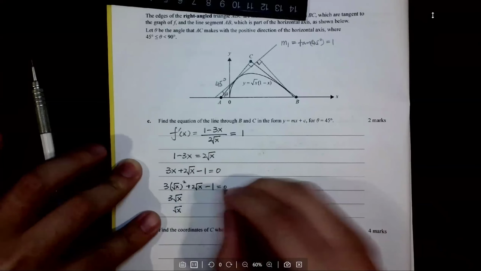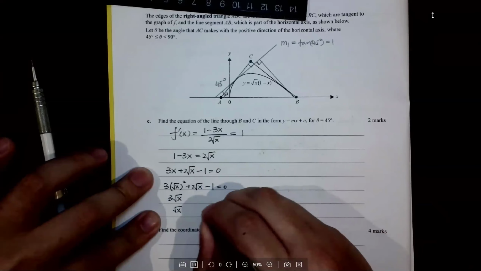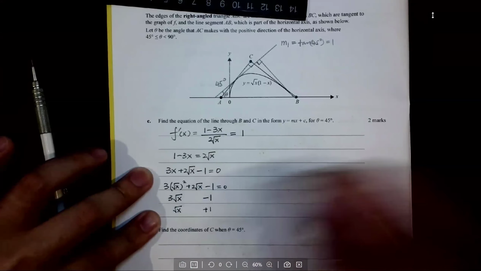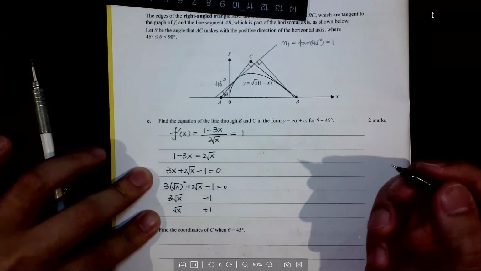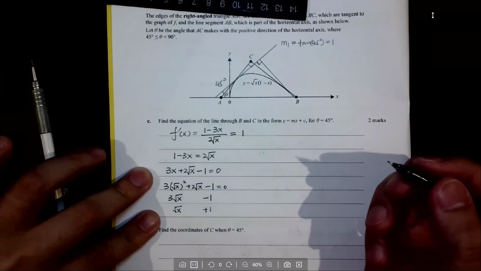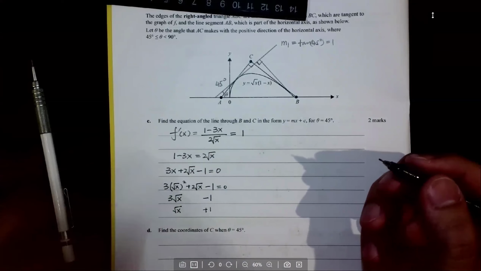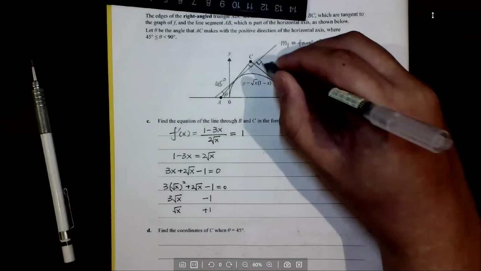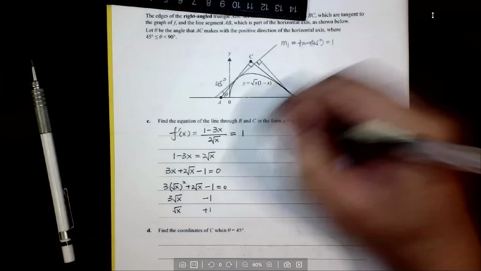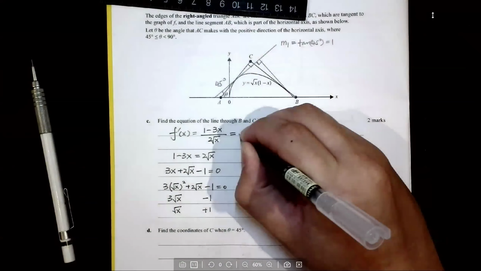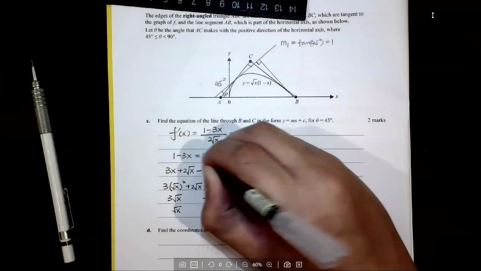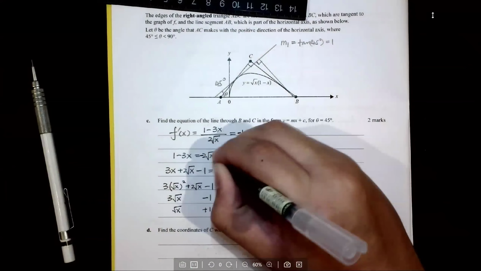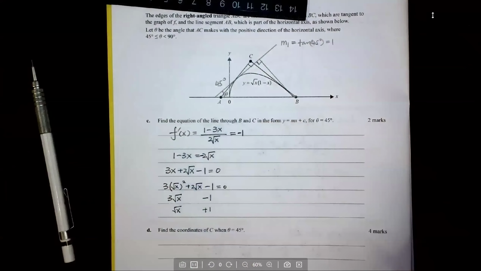And then to get a plus 2 in the middle, I might get a plus 1 and a minus 1 here, something along this line. And that is one thing you might want to do. But actually, we like the line BC instead of AC. So I better make this one a minus 1. This one is minus 2 root x. And if I push that through, this should be a negative.